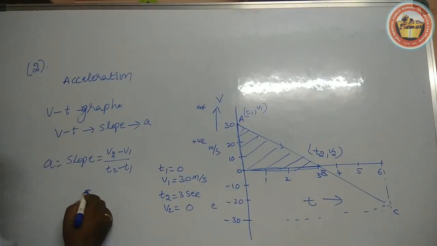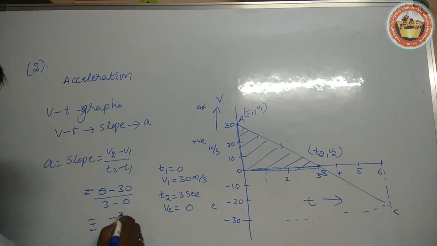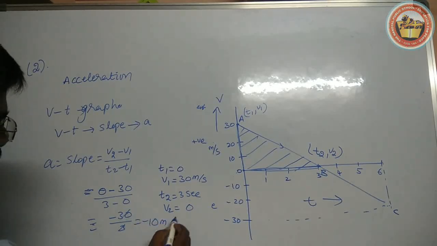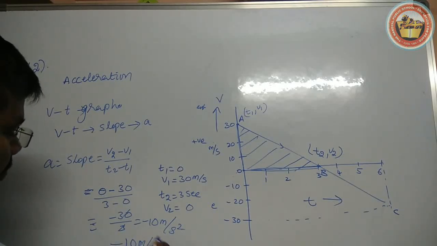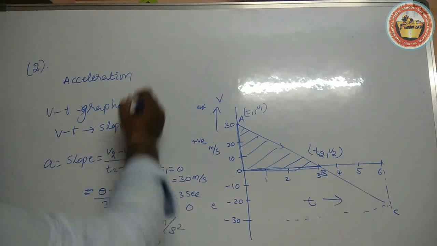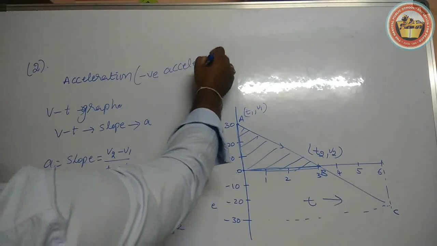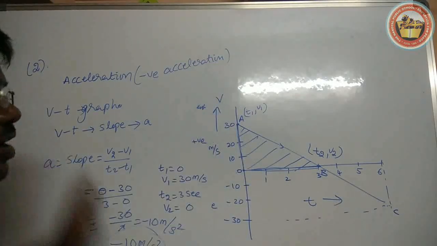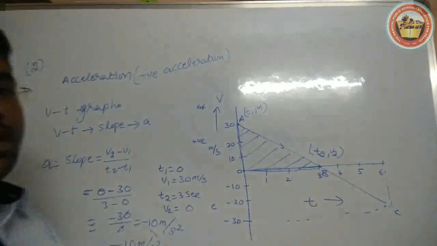We can substitute these values: (0 minus 30) divided by (3 minus 0), which is minus 30 by 3, minus 10 meters per second squared. Minus 10 meters per second squared means this is a retardation, a negative acceleration. Already we have discussed that if the graph goes downward, that means negative acceleration.